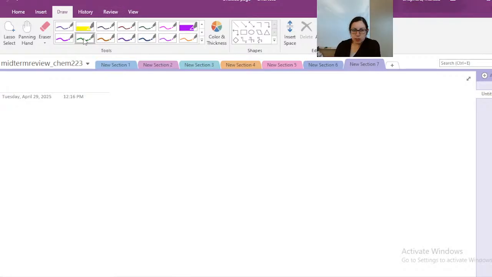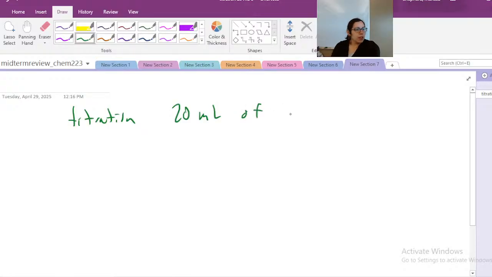All right, so let's do some acid-base stuff. Let's say we're doing a titration, and we have 20 mL of a 0.3 molar acetic acid solution. And I'll give you the Ka.